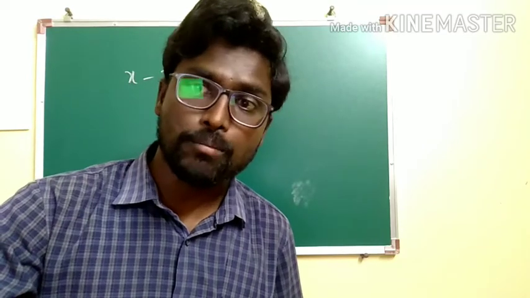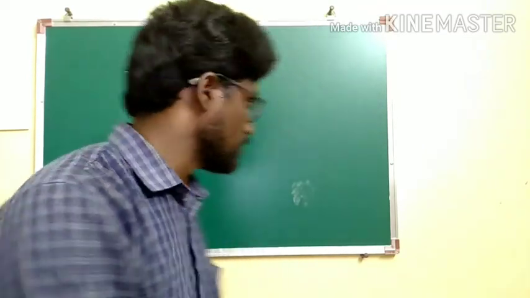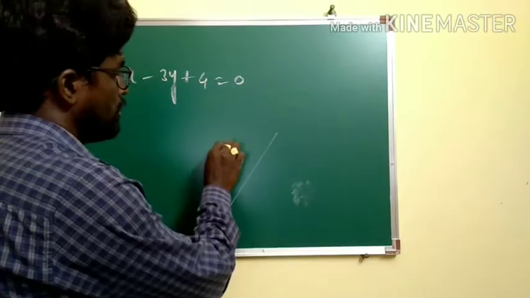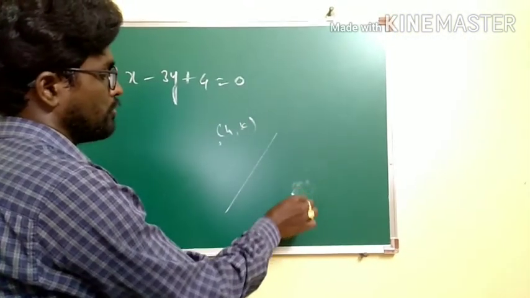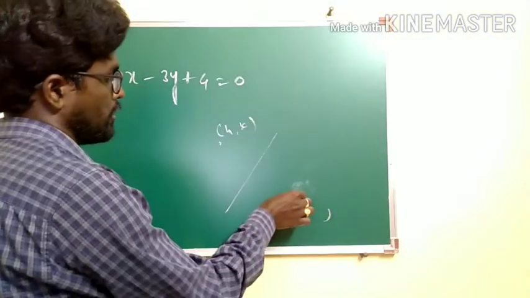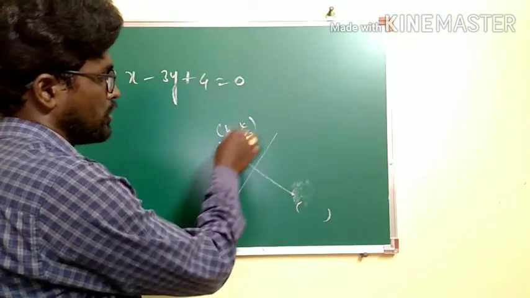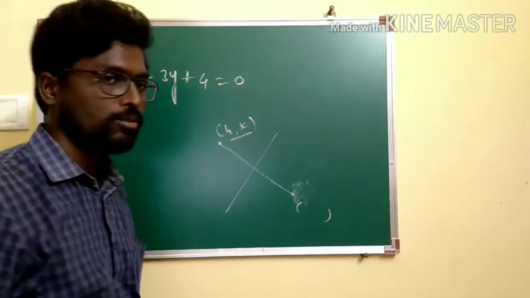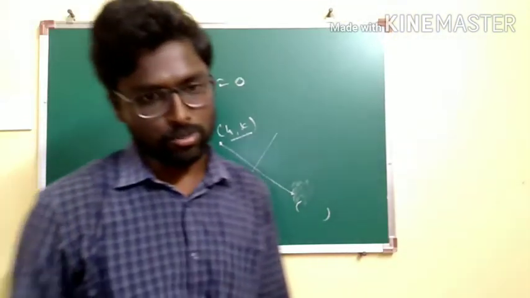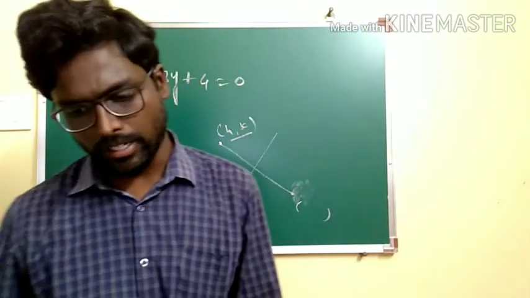With respect to the line, suppose this is the given line, and let's say some h comma k is the mirror image of this particular point that is provided here. Then this point h comma k you are going to trace out. What idea you are going to apply, I won't tell you, later I will give you the solution, because here there is a very logical point.